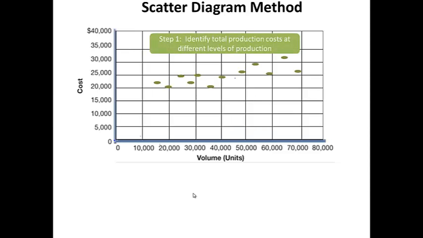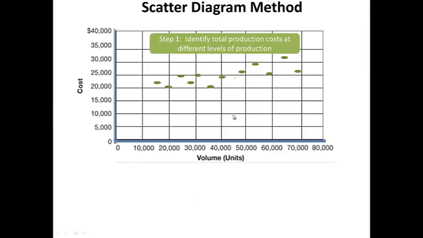Now, in this case, I'm going to go out and identify all my costs at my different volume levels based upon my financial records. I'm going to identify all my total production cost at my different levels of production, such as if I take a look at production volume of 20,000, it looks like I have about $20,000 in cost.